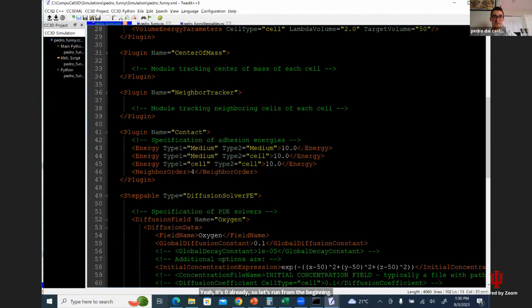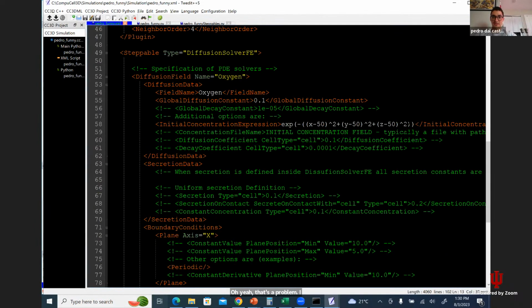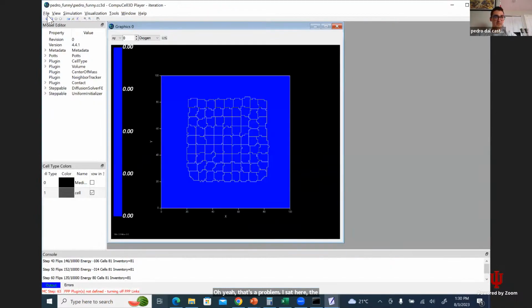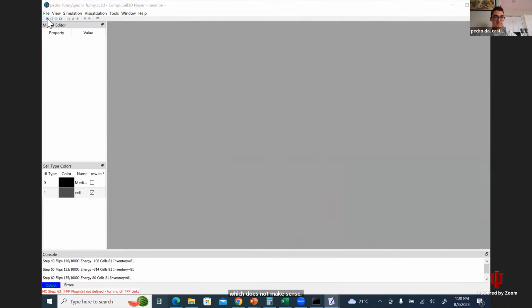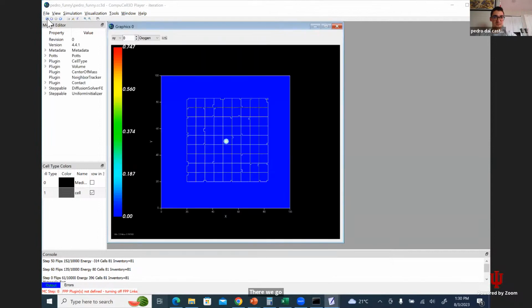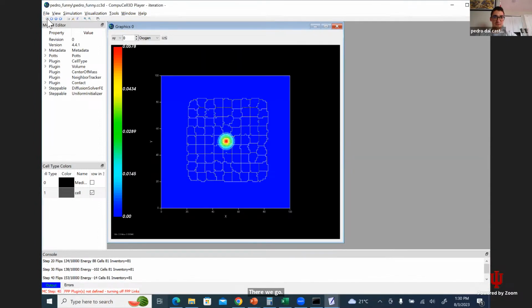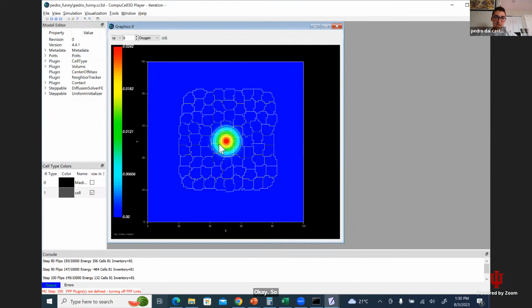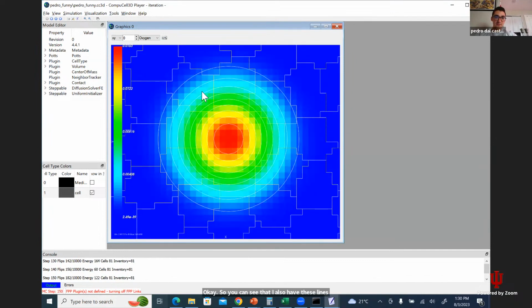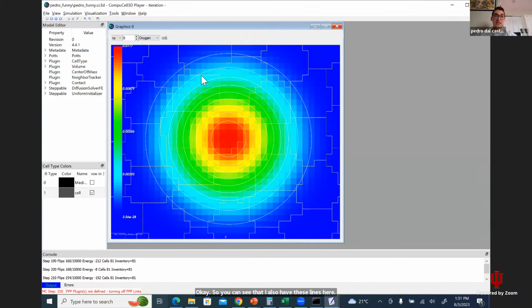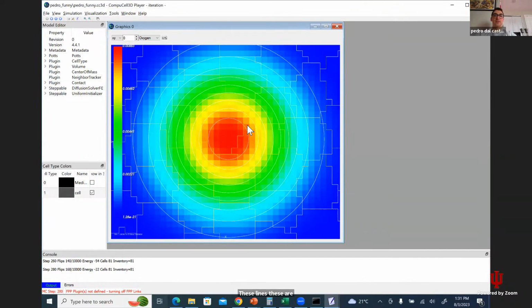Oh yeah, that's a problem. I set here the Z dimension, which does not make sense. Yeah, there we go. Okay. So you can see that I also have these lines here. These lines, these are the isolines, which I mentioned before.